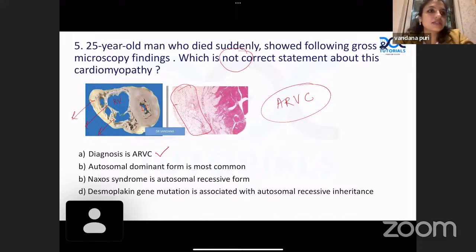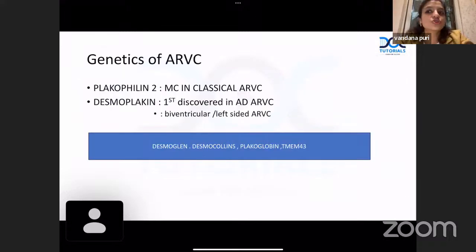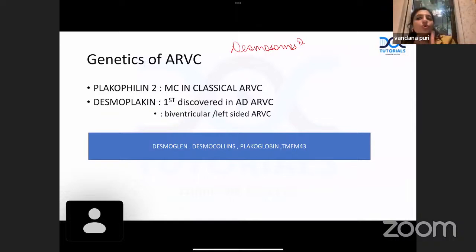Now, what is the inheritance of ARVC? That was the question which I wanted to ask you here. So, autosomal dominant form is the most common type. That's correct. Remember, the most common mutation of ARVC usually is due to a defect in the desmosomes. Please remember, these desmosomes are predominantly present in two organs in our body.